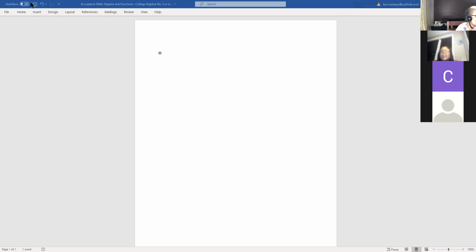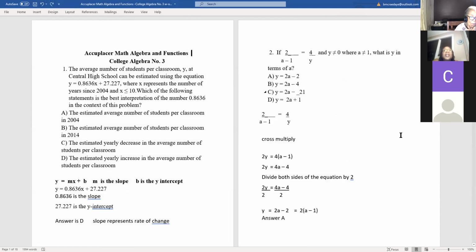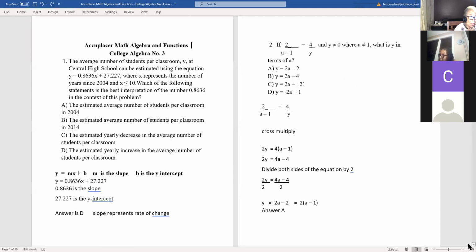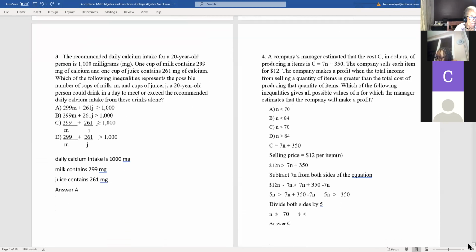Undo it again. Ah, yeah, there you go. Now you click on it. Let's scroll down, see if I can get back where I was. We were at number 10, I think.